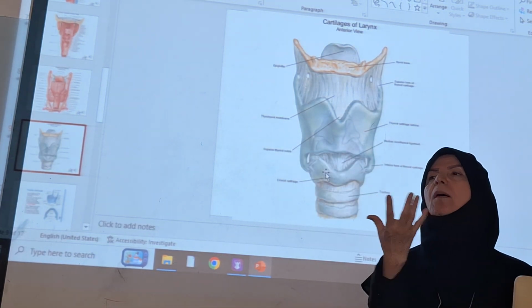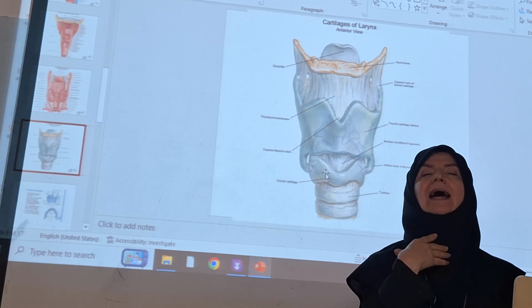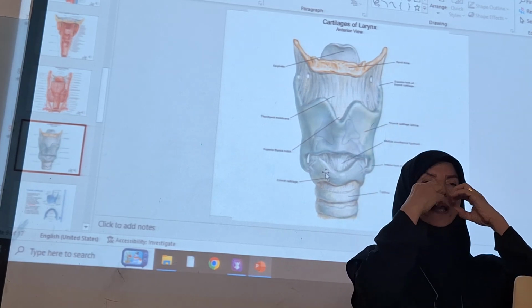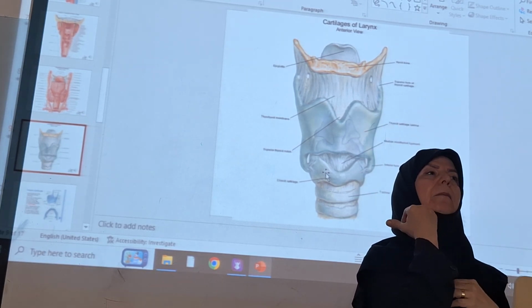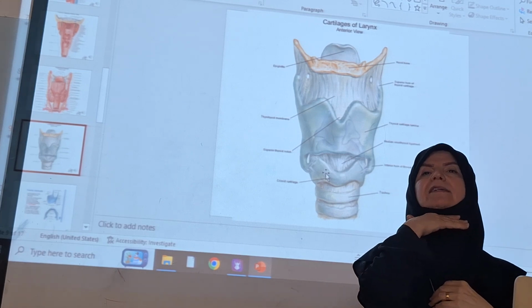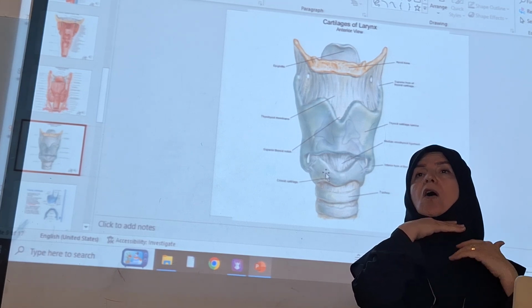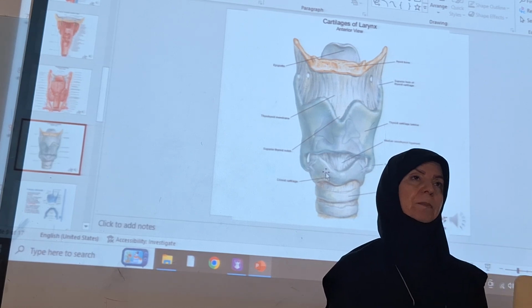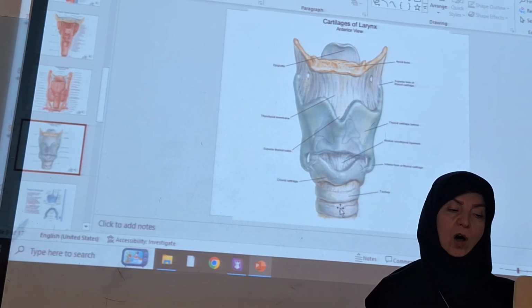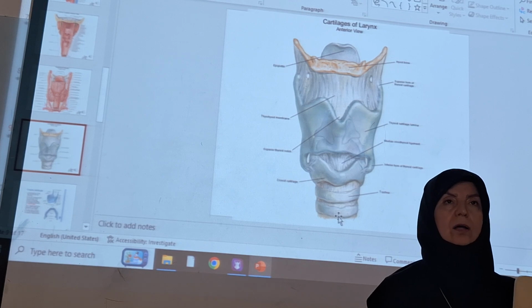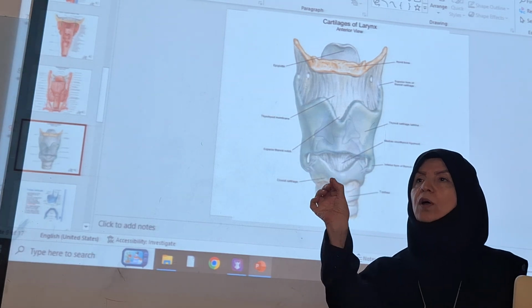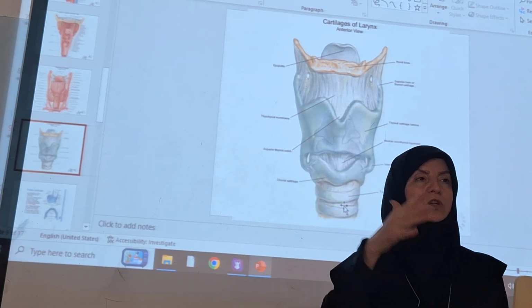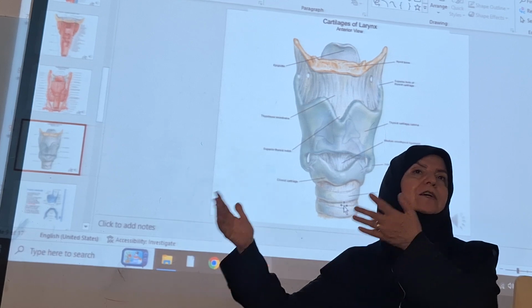If some problem happens and something goes to the airway and may close the airway superiorly, how can we help this patient? We can cut the trachea and pass a temporary tube to take this patient to the emergency room.